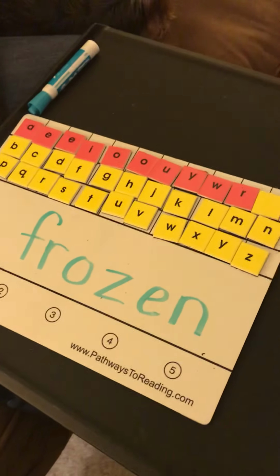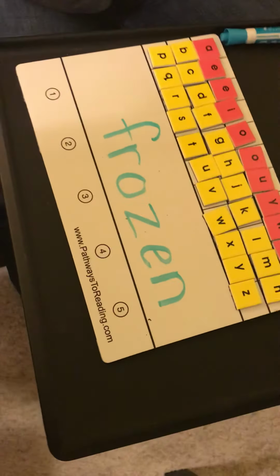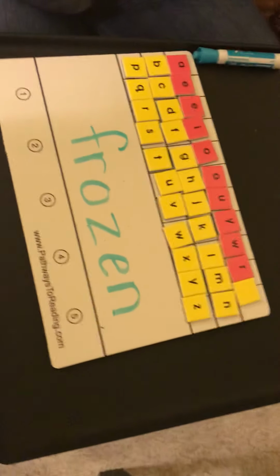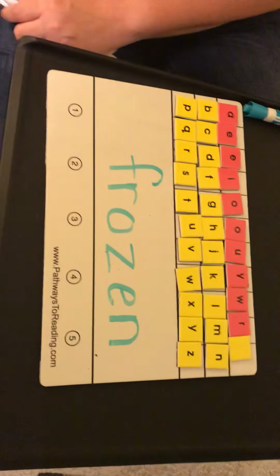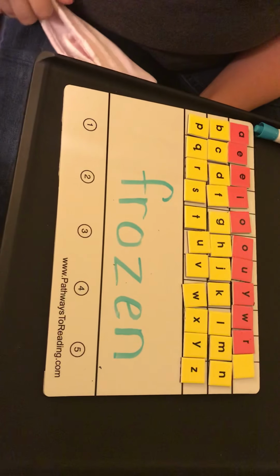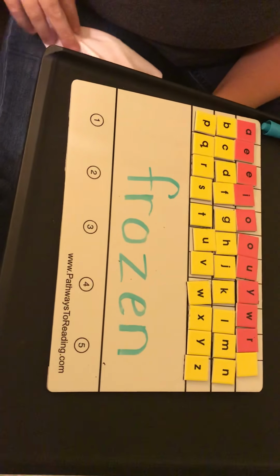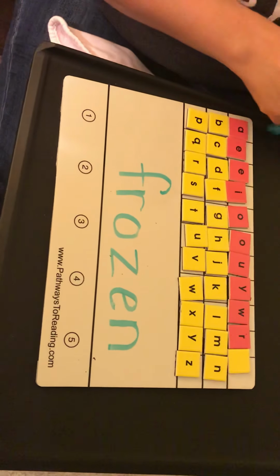So I have a word written here on my board, and I'm going to teach you how we decide where the syllables are to practice reading. So the very first thing we do is we spot the vowels. What vowels do you see in this word? Do you see any?